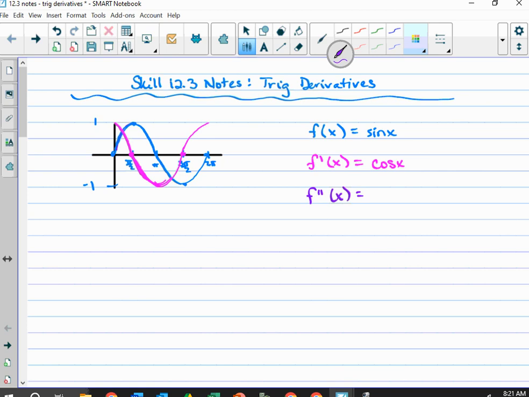So if I go from, I'm just going to look at the pink graph and take the derivative of that. So wherever it has a max or min, my derivative would have a 0.